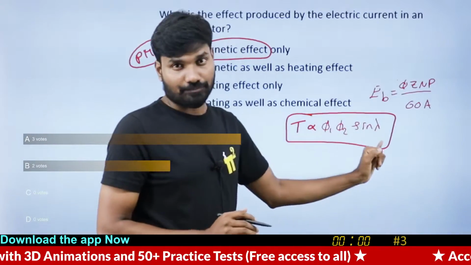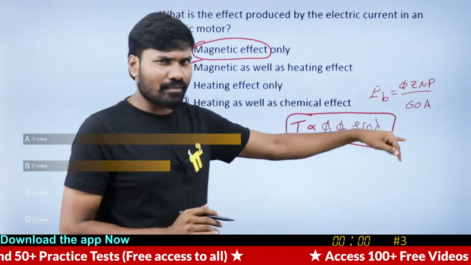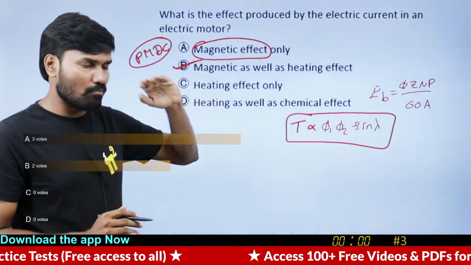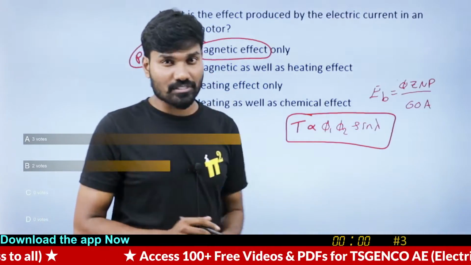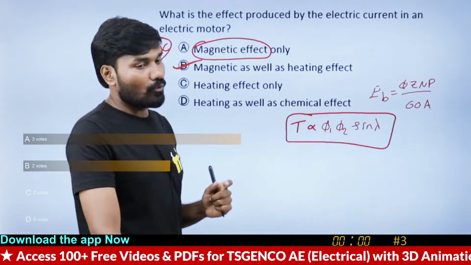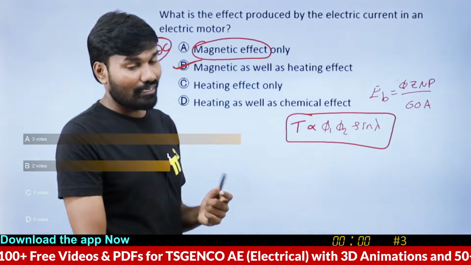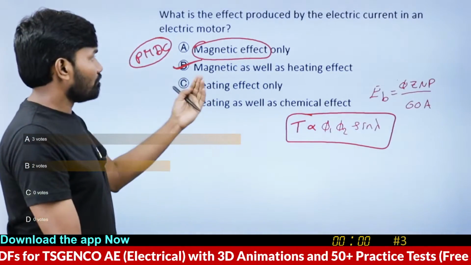There are some exceptions where reluctance torque is coming, a little bit of exception, but most of the motors work on this. Two fluxes must be present. So be it a permanent magnet DC machine, yet you require this current, which is responsible for your magnetic effect.